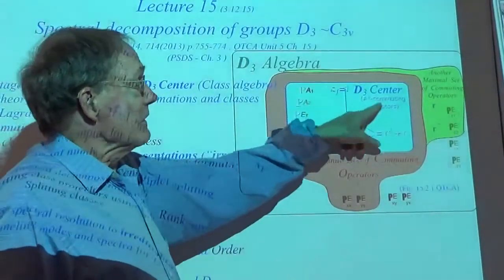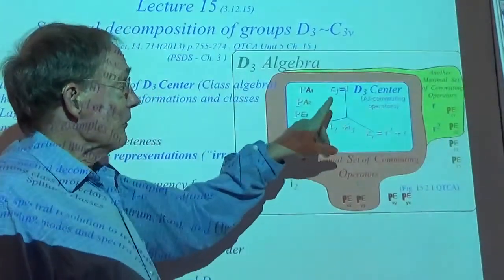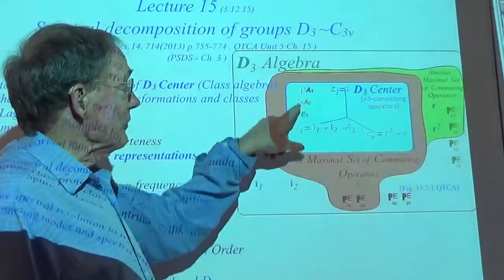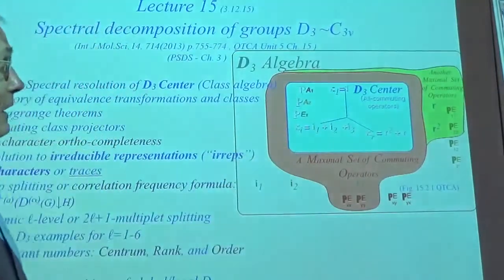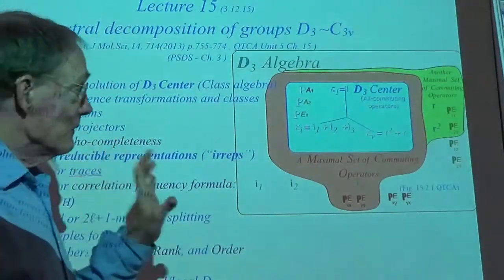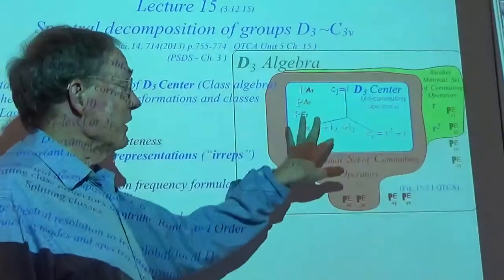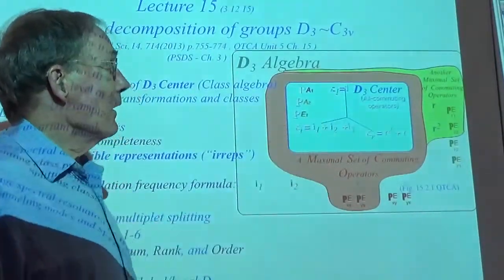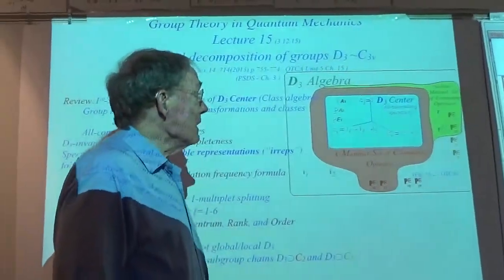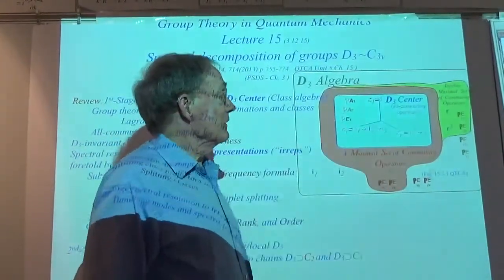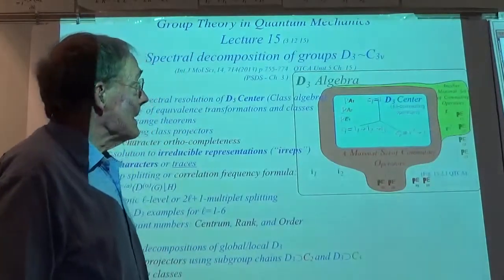Three of those elements, the classes or their combinations into projectors, span the center of this algebra and are what we call the invariant operators in physics. All commuting is the name that you see there.